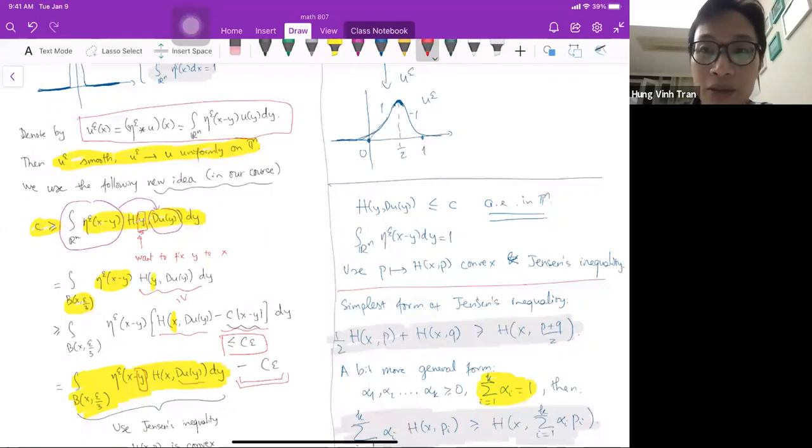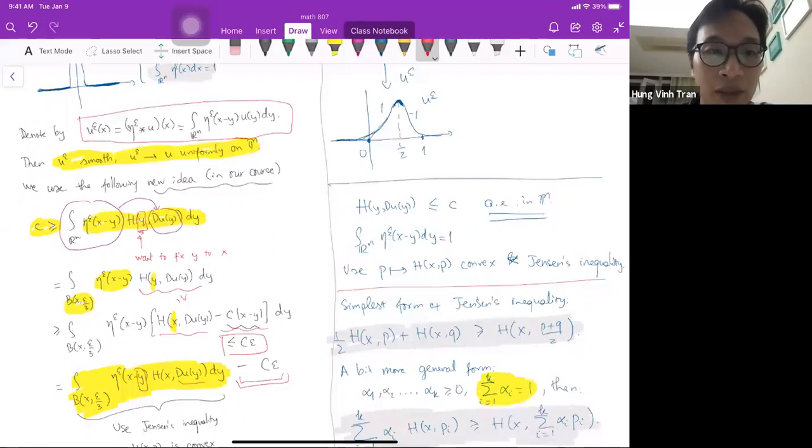So Du(y) is already defined almost everywhere, and the fact that Du(y) is bounded is just because of the assumption I put from the beginning that h is superlinear. So if Du(y) is not defined almost everywhere, then I cannot do this integral.